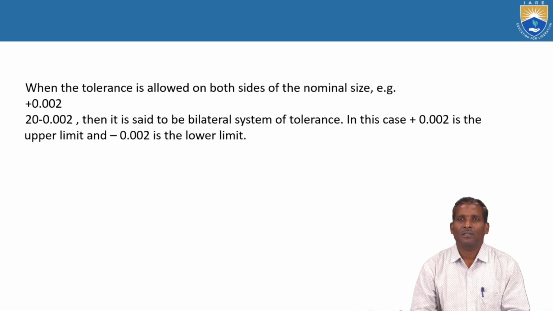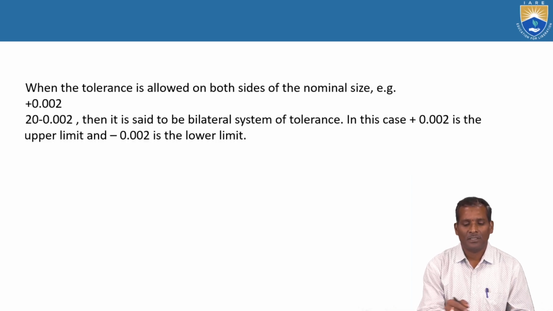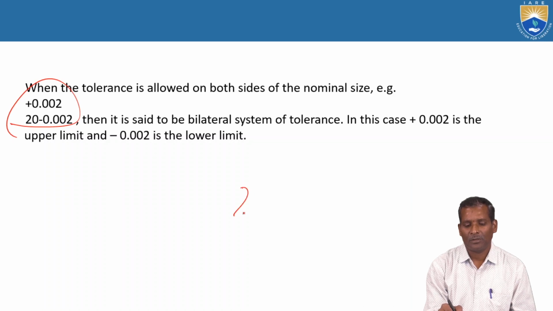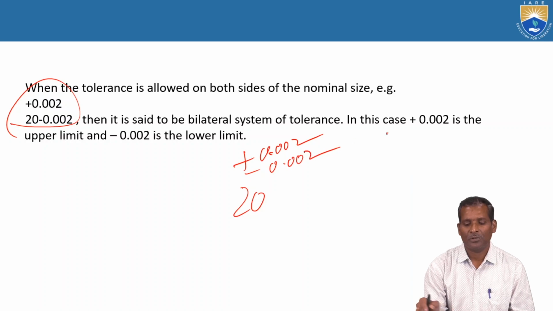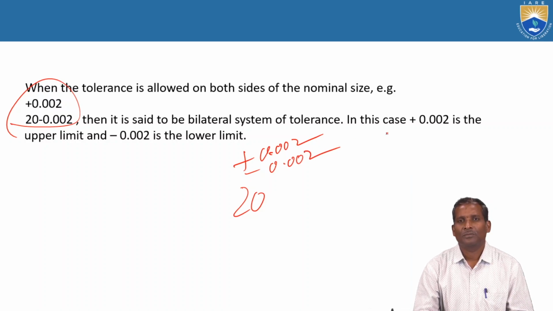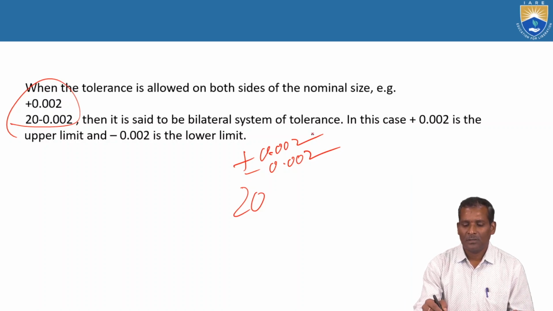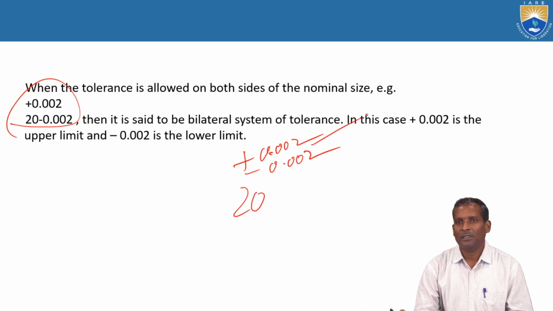So when the tolerance value is allowed on both sides of the nominal size, see in this example given 20 plus 0.002 minus 0.02. This type of tolerance is called bilateral system tolerance. In this case, you can say this one is the upper limit 0.002 and minus 0.002 is the lower limit.